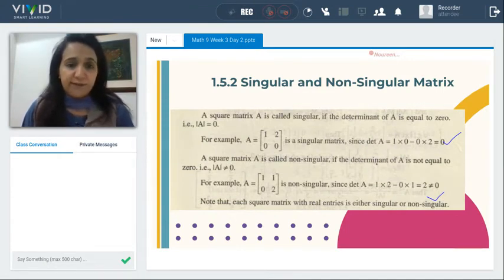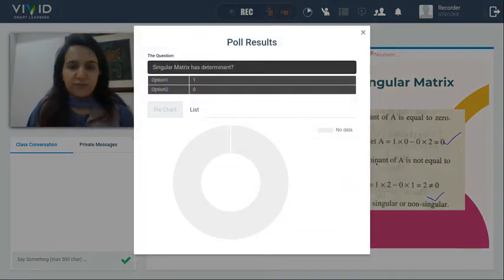Whatever you think is correct, you can choose that. Okay, I'm going to end this poll. Its correct answer is determinant 0. I'm sharing results with you.